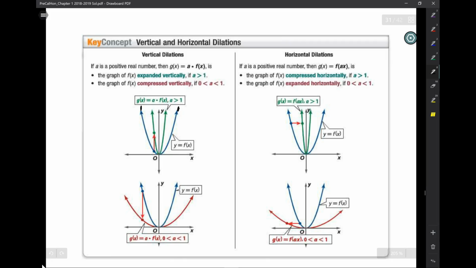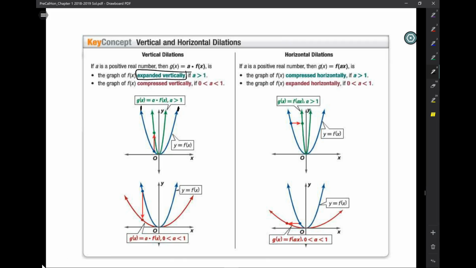And now imagine if I pulled up on those strings, right? It would get narrower. Whereas if I were to push down, then what would happen? It would get wider, it would bulge out. So that's what we're talking about when we say expanded vertically or compressed vertically, okay?